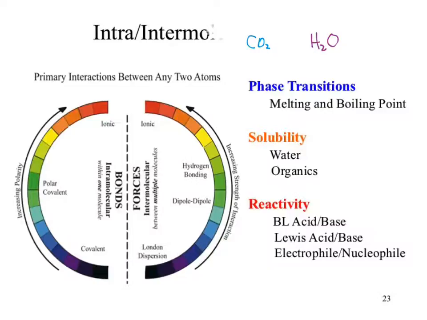We tend to say, well, that can't make sense, and that's one of the reasons why people get confused with bonds and forces and strength of the bonds, because they reference melting points and boiling points. What is breaking when we melt or boil a substance? When I boil water, it turns into oxygen and hydrogen? No, it turns into water vapor. It's the forces between those individual molecules.